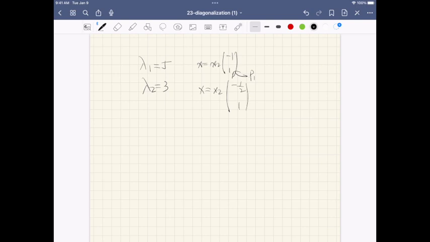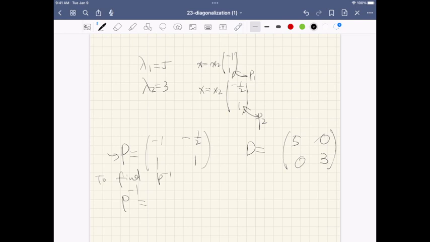So this is P2. So P is going to be P1, P2: negative 1, 1, negative 1 half, 1. And D is going to be 5, 3, 0, 0. And P inverse is just as usual: you find it from P. Usually to find P inverse, you do the augmented matrix P and I, and after some EROs you come up with I and P inverse, where the second half will be P inverse.